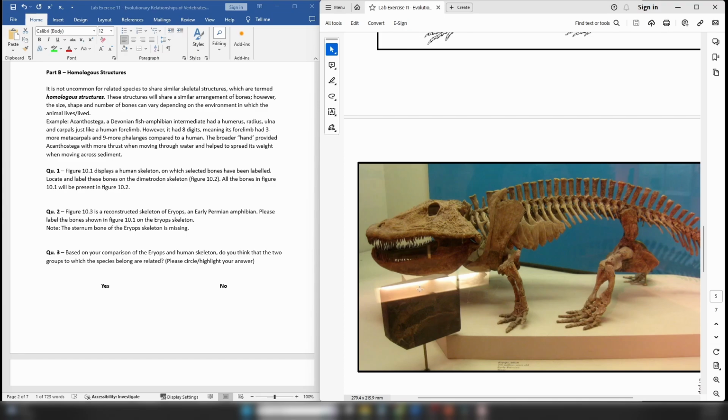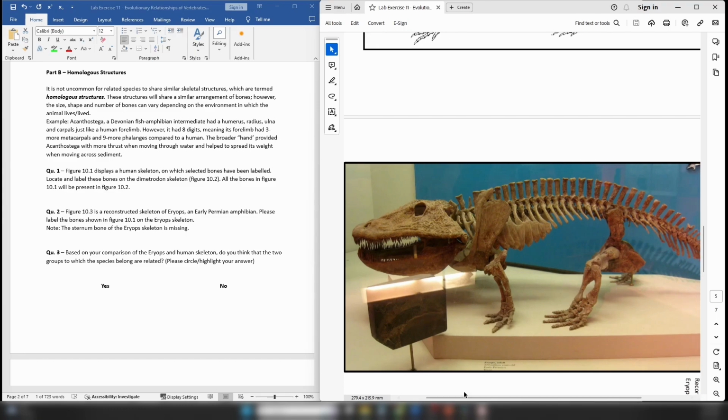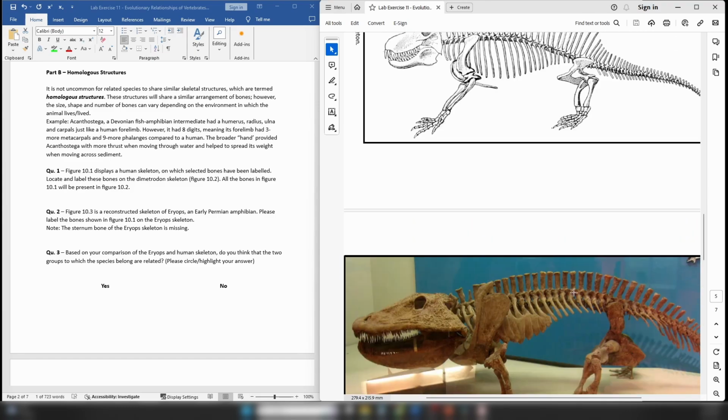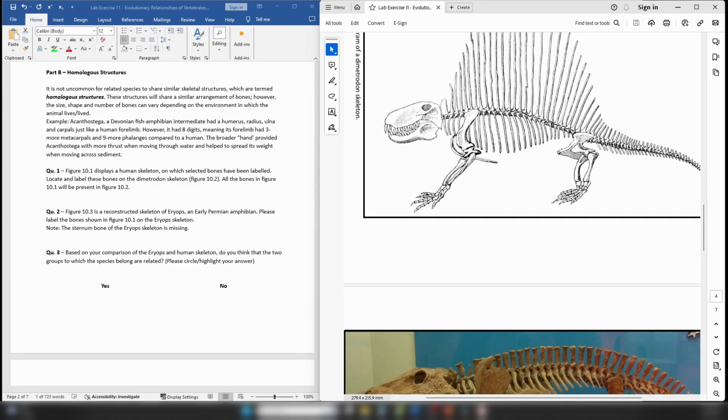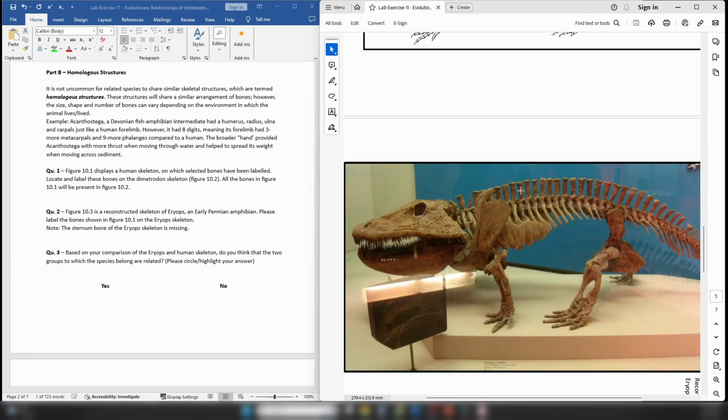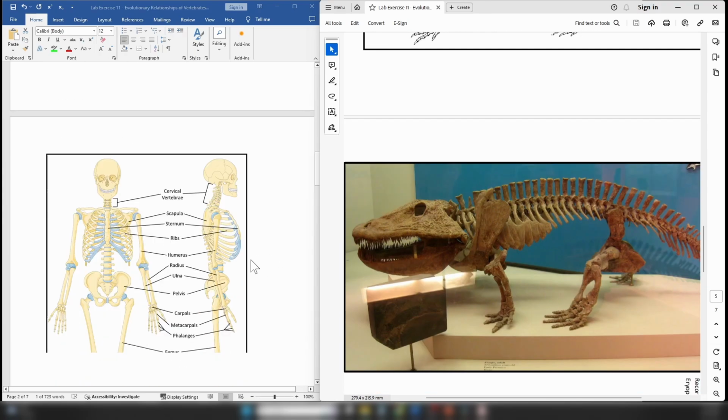So, okay, what are we looking at when we are dealing with the Eryops skeleton? Well, we're going to repeat exactly what we did in question 1, only we are going to be looking at the bones of this Eryops skeleton, which, as I mentioned, is an amphibian, versus the Dimetrodon here, which is, of course, a stem mammal, or a very early mammal, or should I say, a mammal-reptile hybrid. So, once again, look for the same bones as listed on the human skeleton, on this skeleton of Eryops.